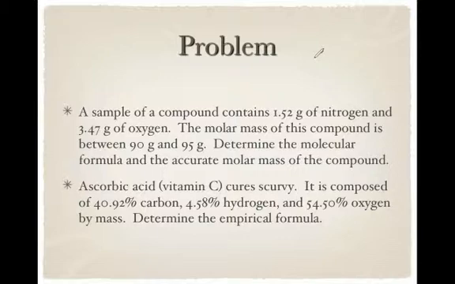The total mass. 1.52 plus whatever the other mass was. We probably shouldn't round yet. So for nitrogen, it was 1.52 divided by 4.99.